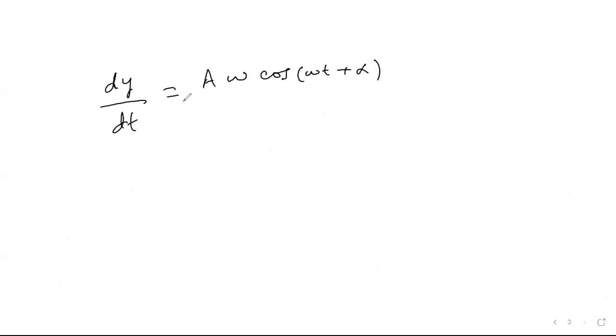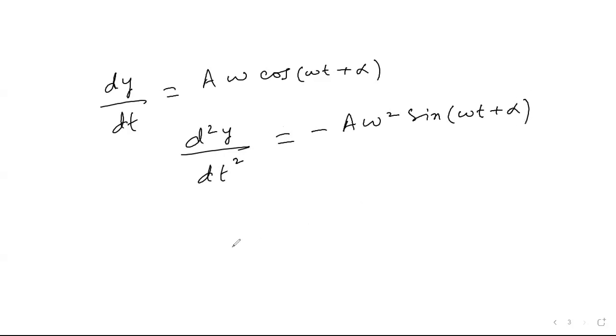Then the acceleration along the y direction is the second order derivative of y with time, which is minus a omega square sine omega t plus alpha, right?